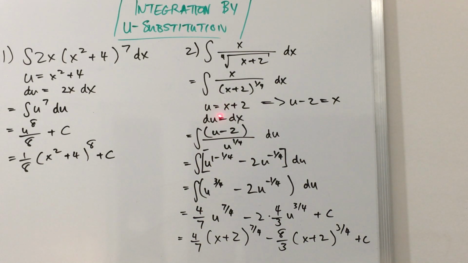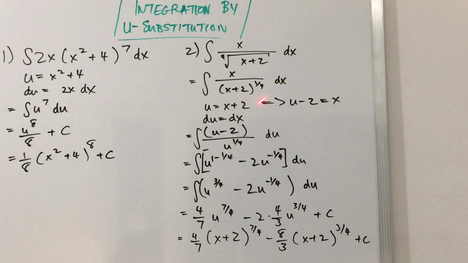Anyway, the important part is this u substitution. How do we know to let u equal x plus 2? It's because once you do that, you get du equals dx, and you get this rearrangement, and it all works out if you substitute it back in.